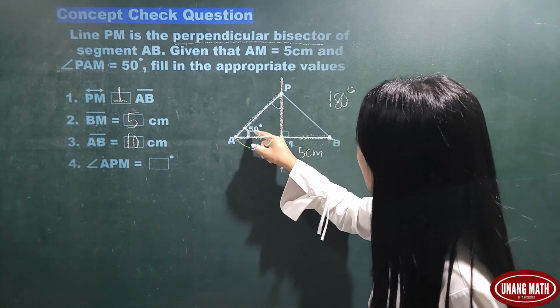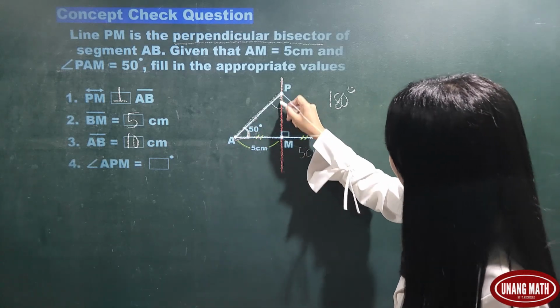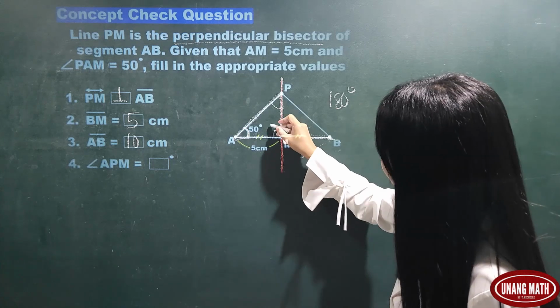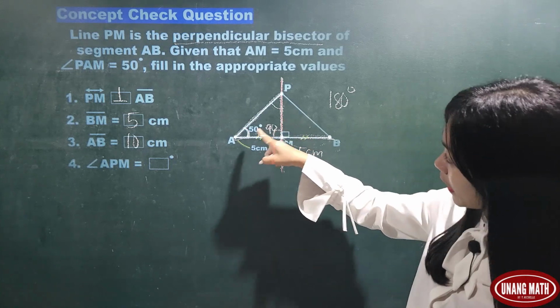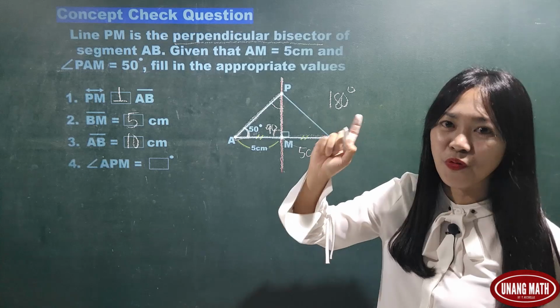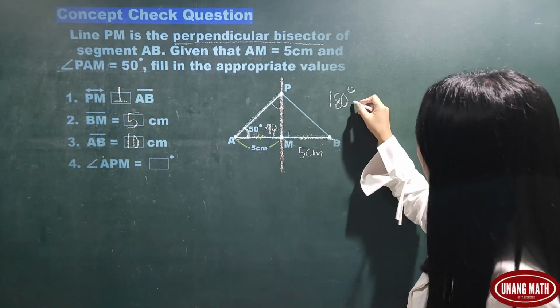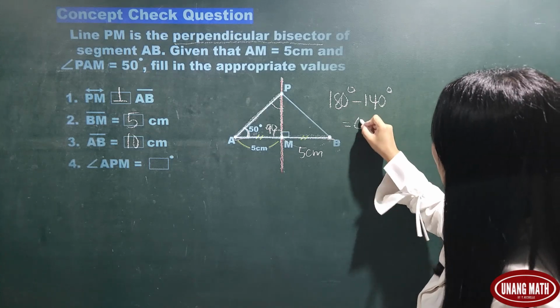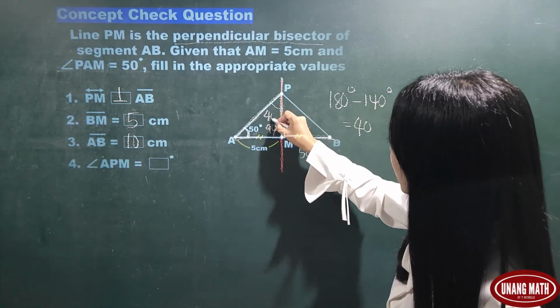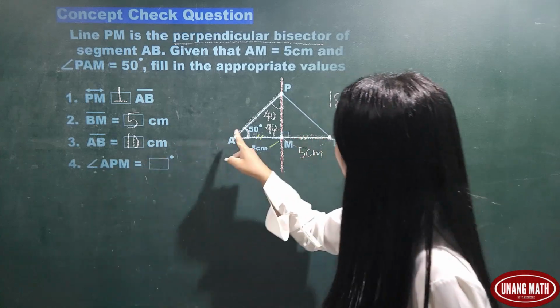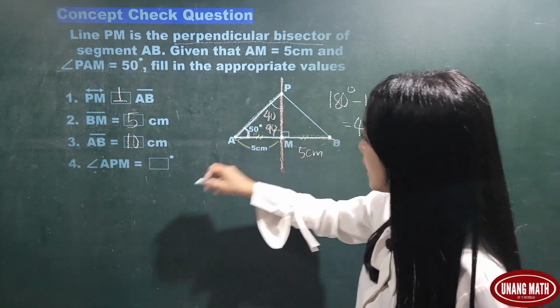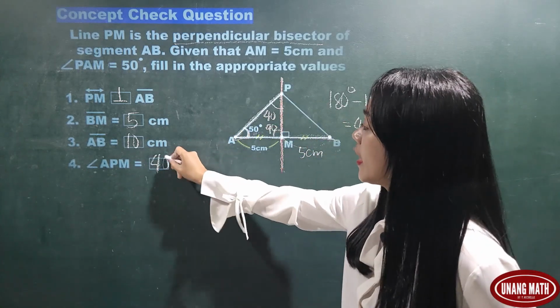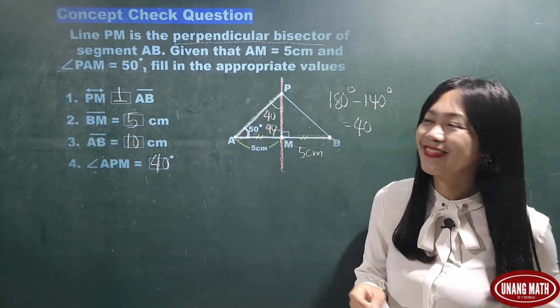Since this is 50 degrees, and this angle is a right angle, so this is 90 degrees. 90 plus 50 is 140 degrees. So we have to subtract 140 degrees from 180, and this is equal to 40 degrees. So angle APM, or this angle, is 40 degrees.